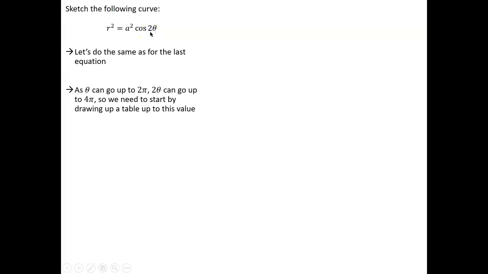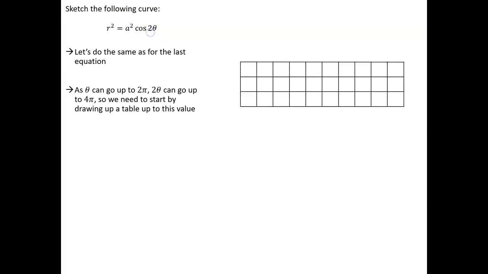Okay, so let's have a look at this equation. This time we go up to 2π, so in our table of values we'll go up to 4π. For plotting we need to have just θ, so we'll divide everything by 2. And then substitute my values of 2θ in to get r in terms of a.